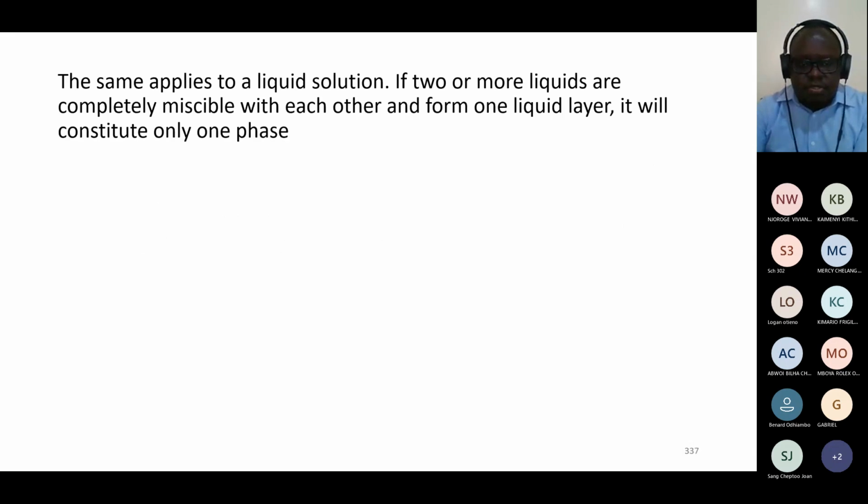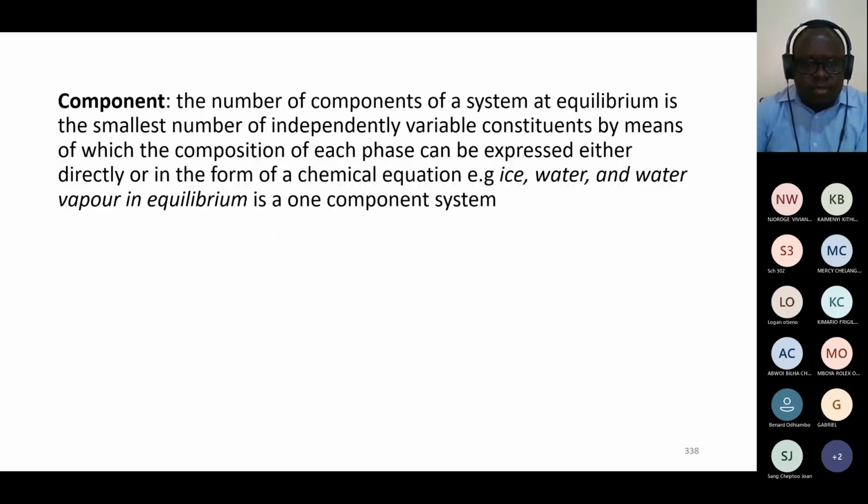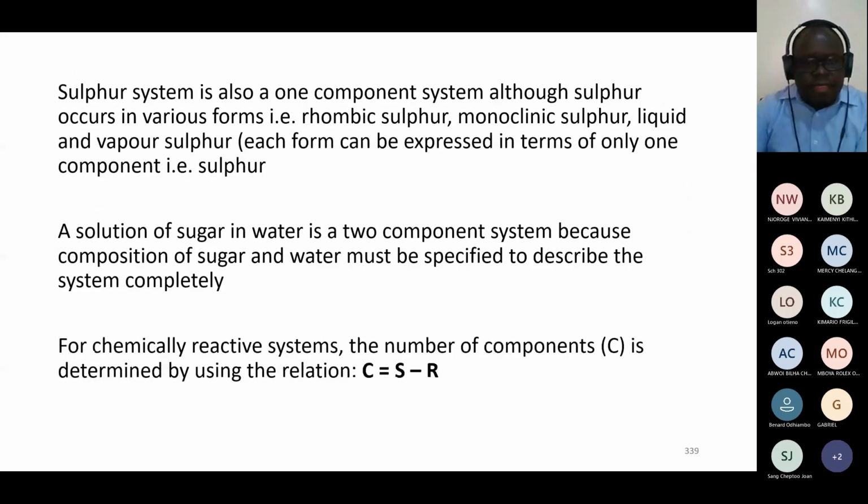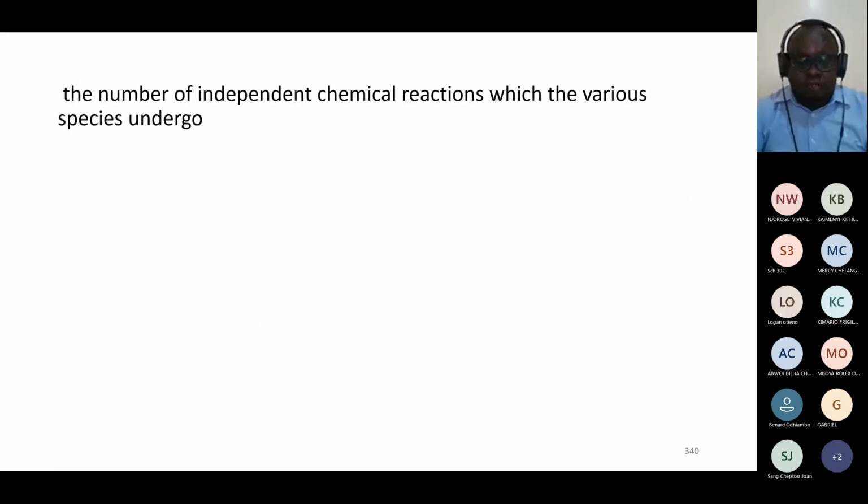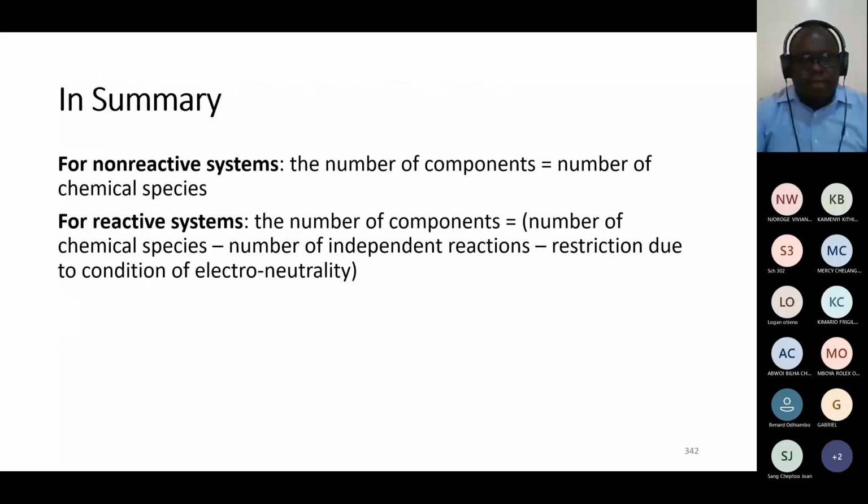In the previous examples, we are looking at the number of degrees of freedom within a system. So I think the issue was the determination of the number of components and number of phases within a given system for you to determine the degrees of freedom.